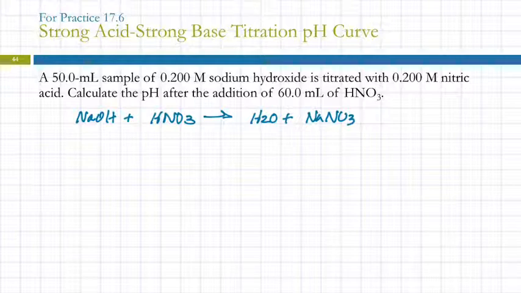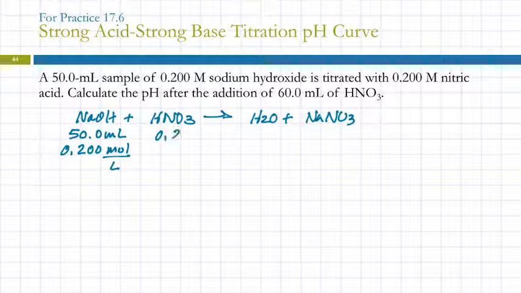I've got 50 milliliters of sodium hydroxide, and the concentration is 0.200 moles per liter. And my nitric acid is also 0.200 moles per liter. Now, I'm not calculating how much acid needs to be added for the equivalence point. I'm calculating the pH after 60 milliliters of nitric acid is added. So I've got 60 milliliters of that.